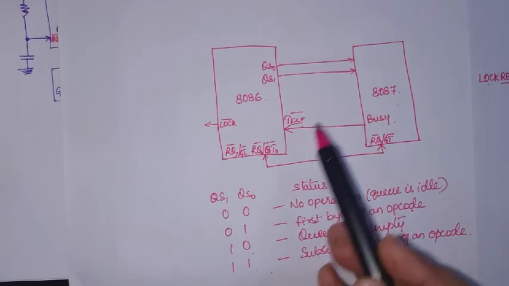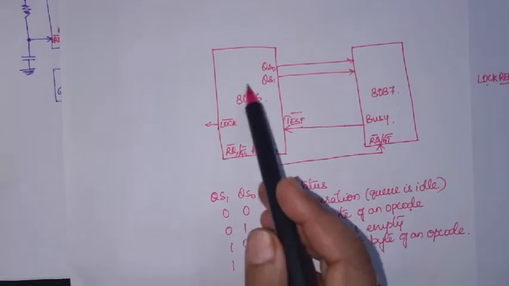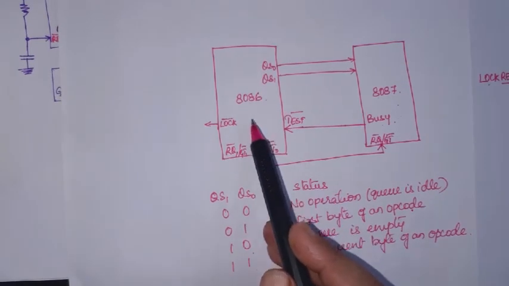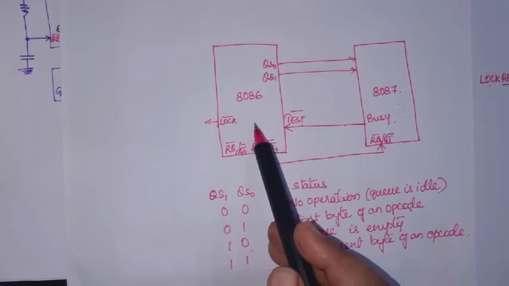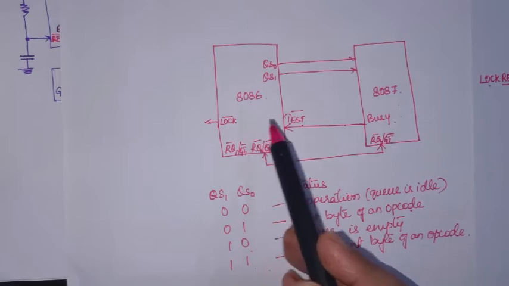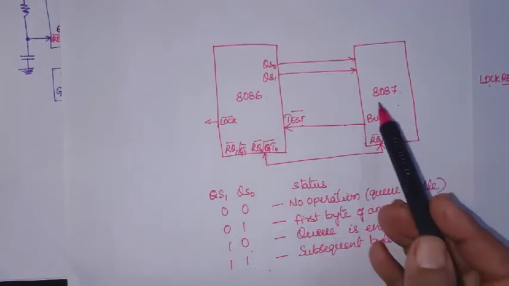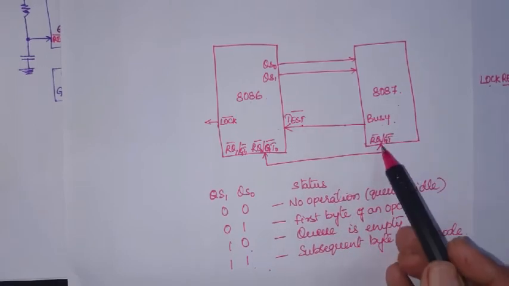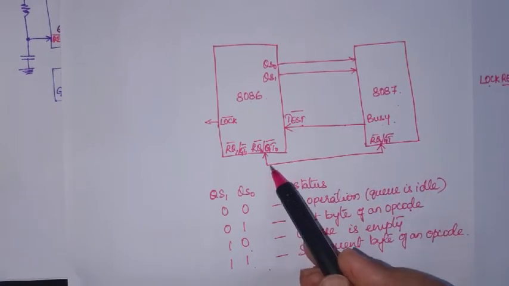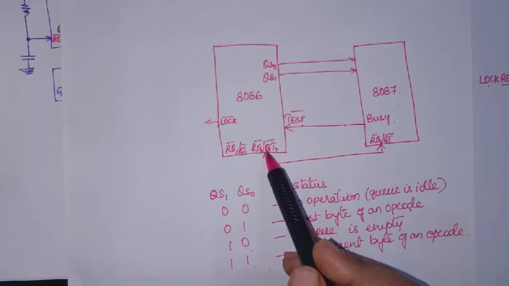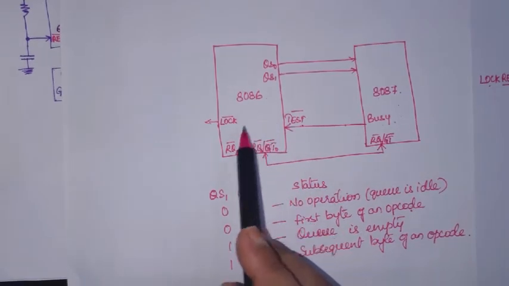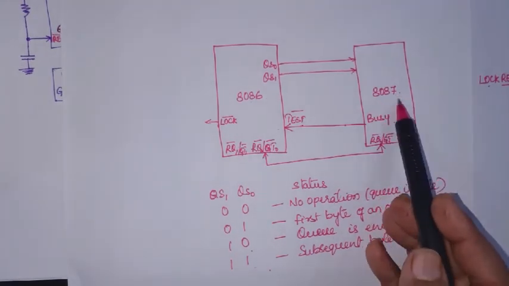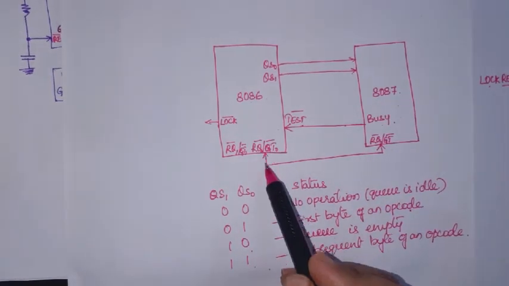Let us suppose the system bus is under the control of the 8086 processor. That means this is the bus master. If the 8087 processor requires the system bus, then it sends a request for the system bus on this particular pin. When the processor is ready to give the system bus to the coprocessor, it sends a grant signal.